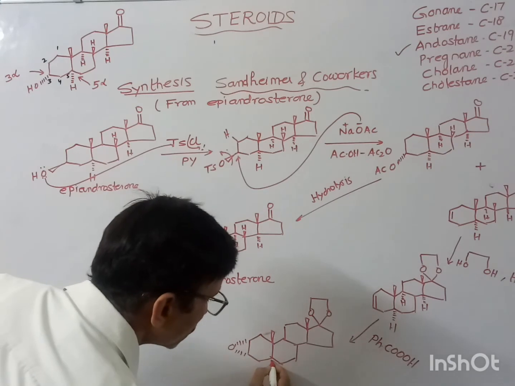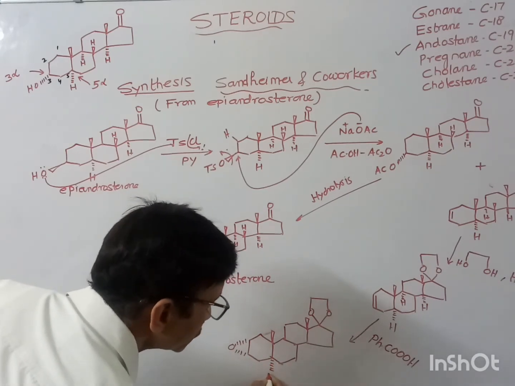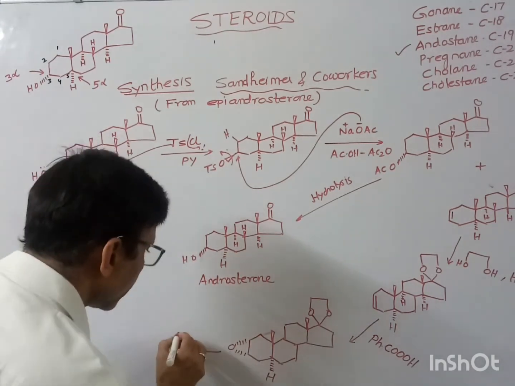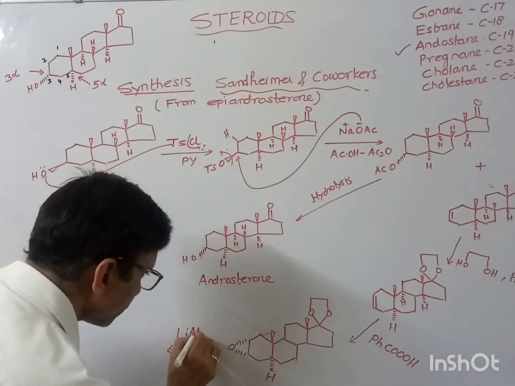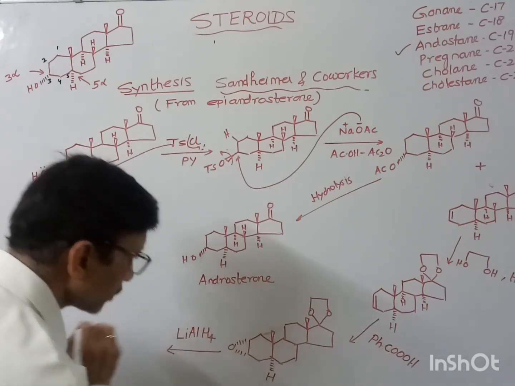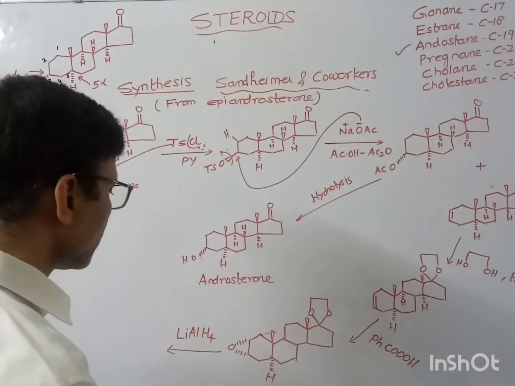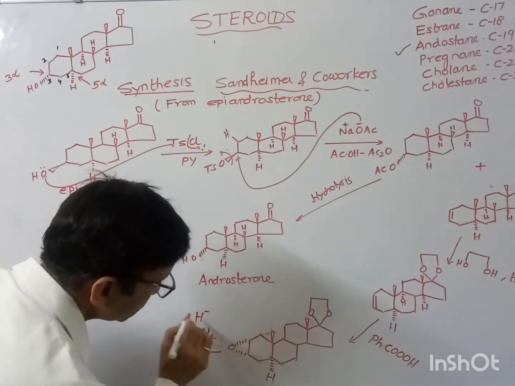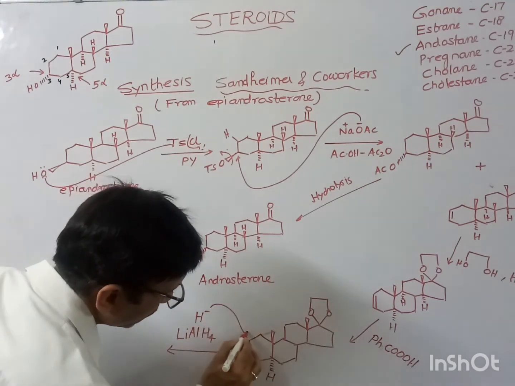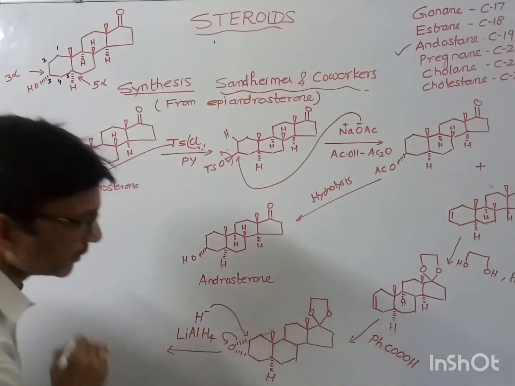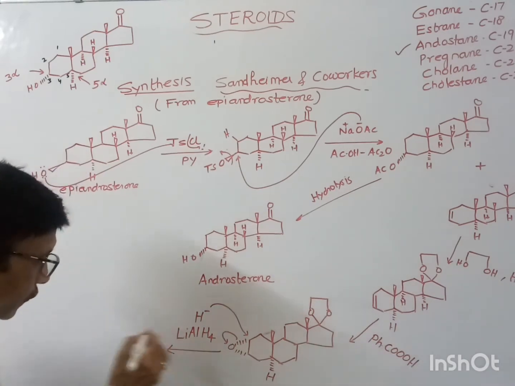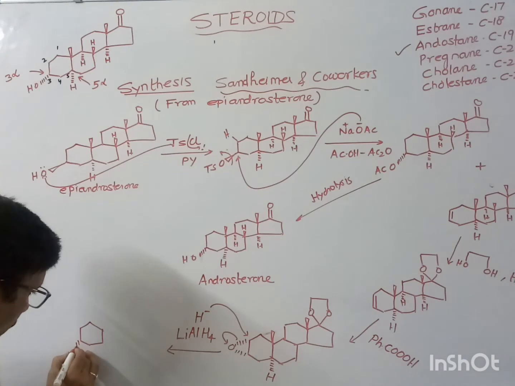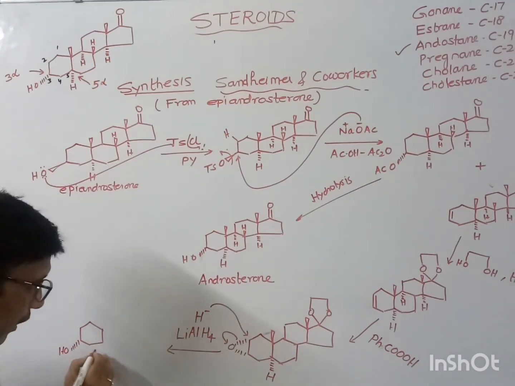Now this epoxide can be opened by using either acidification or lithium aluminium hydride. The reduction may be done, and this H minus will come over here, and this epoxide ring will be opened. So what we will get finally is this OH over here.